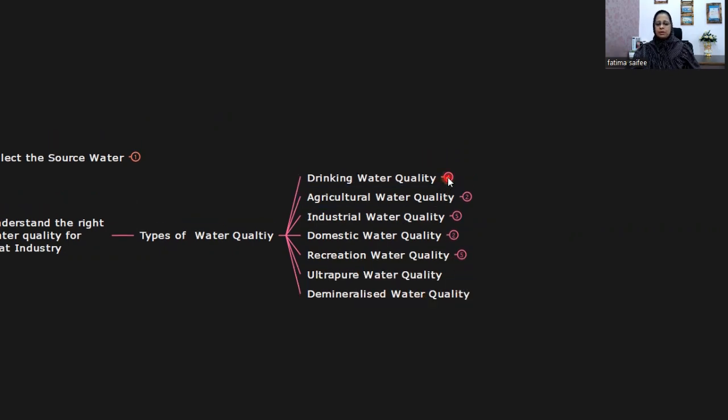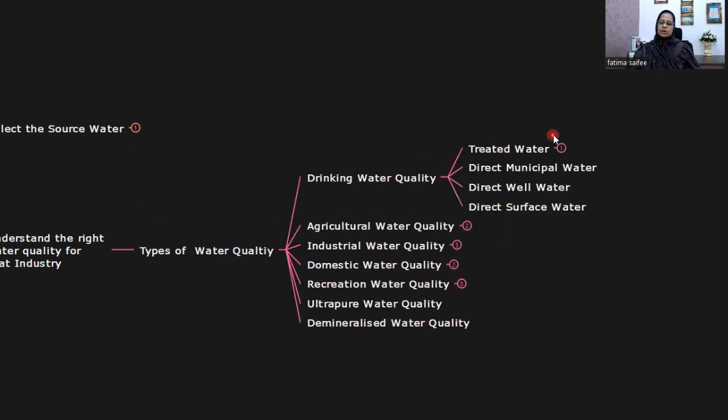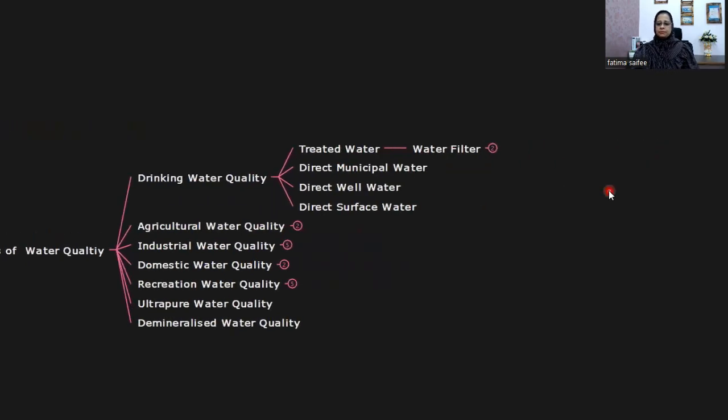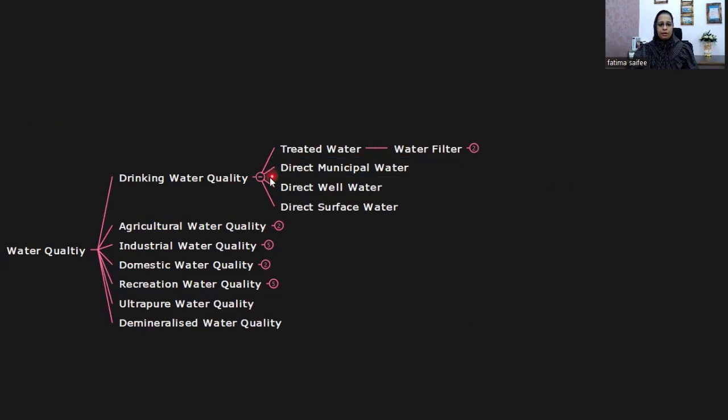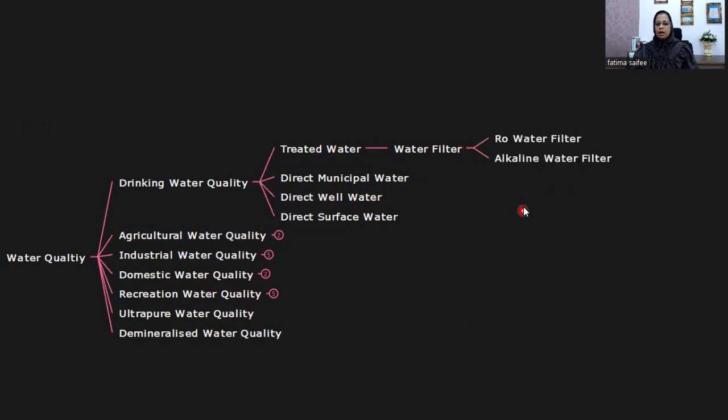So for drinking purpose, we are using treated water, for example, we are treating water through filters, and it can be an RO water filter or an alkaline water filter.